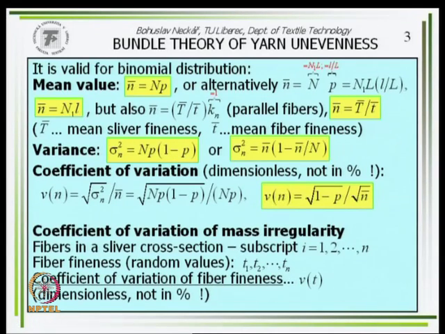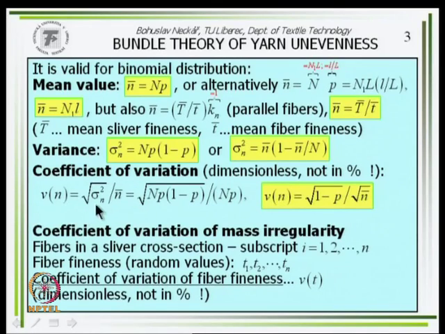Or this variance is also n times p, which is n bar, and the probability we can write as n bar by N, as we showed. Well, the coefficient of variation, which we in theory every time use as a dimensionless quantity, so now, for example, 15% is 0.15.